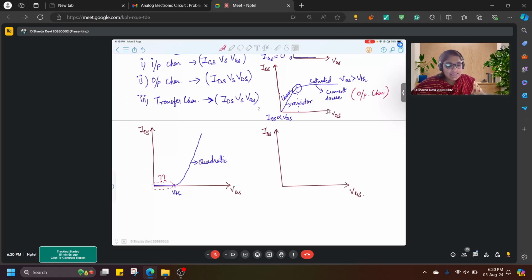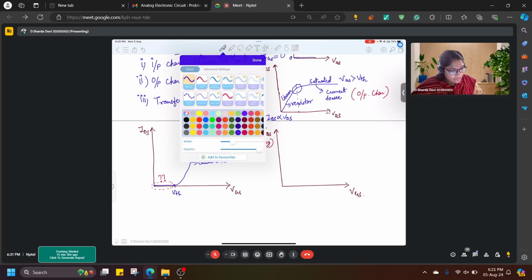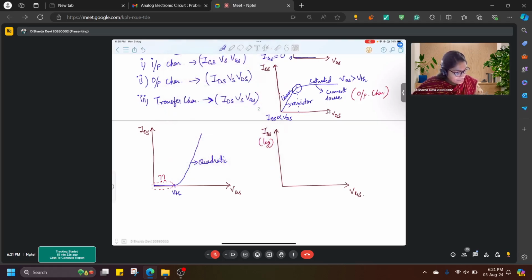Okay, so practically speaking, we say that this channel is formed beyond VTH, right? But before VTH also, while the process of channel formation, there are still some charges, right? And those charges will definitely lead to current flow, correct? So, if we actually observe this graph in logarithm, so let's say this is VTH.